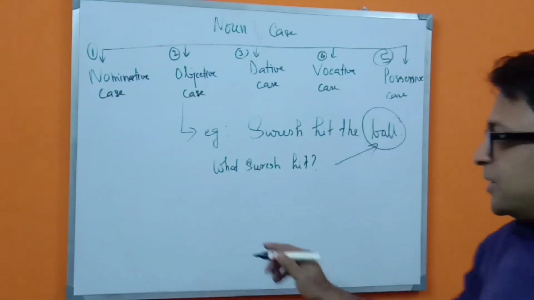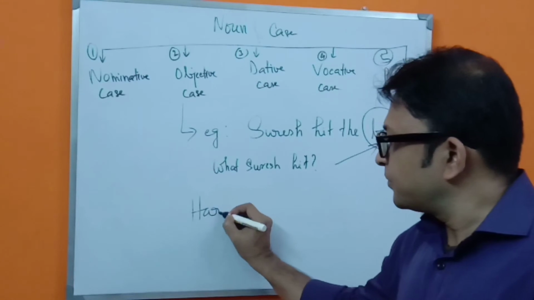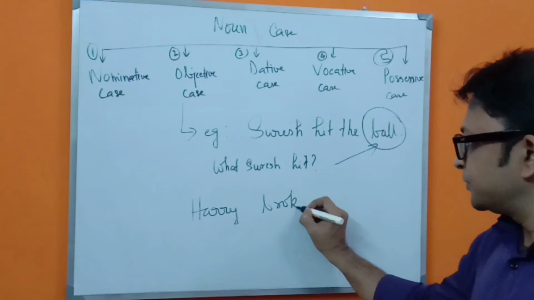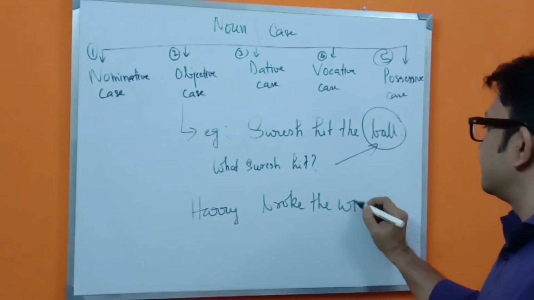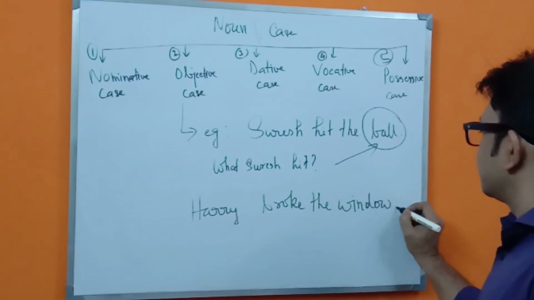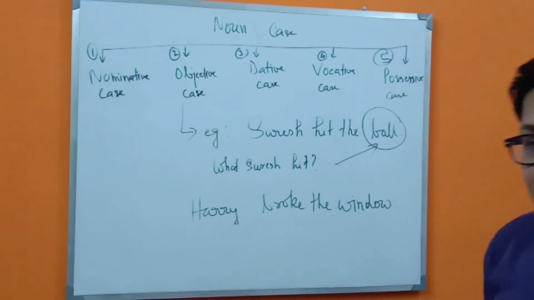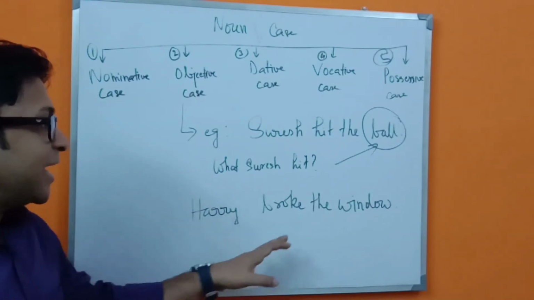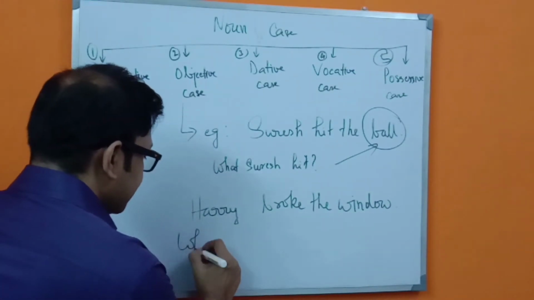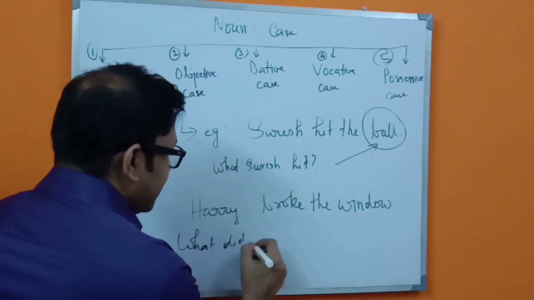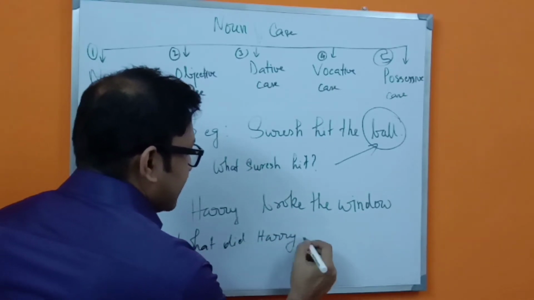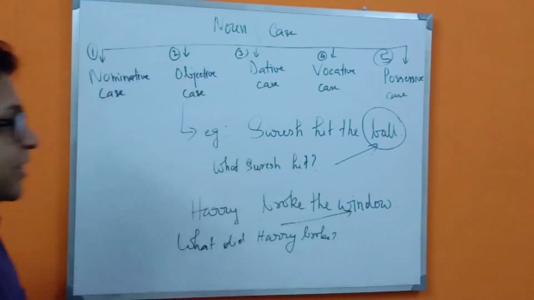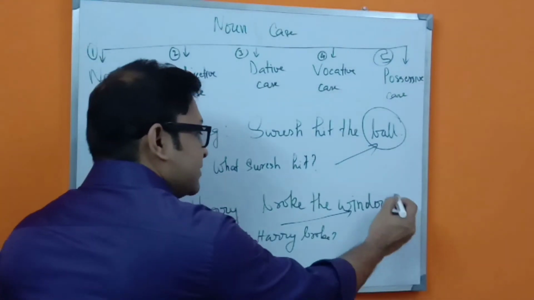For another example, Harry broke the window. If you question this sentence, same as the first one, what did Harry break? You will get the answer, the window. That means that will be our objective case.